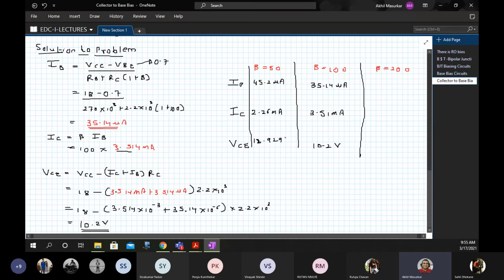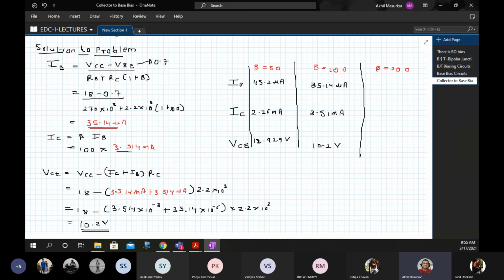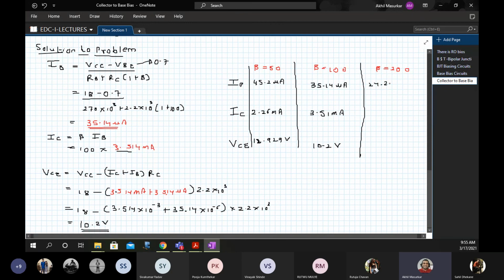And for beta equal to 200, I'm getting 24.29 microamperes, and here we have 4.85 milliamperes, and then finally we have 7.25. So now you can see that these values have come close. They are not double or triple of each other. So all these values are coming close.